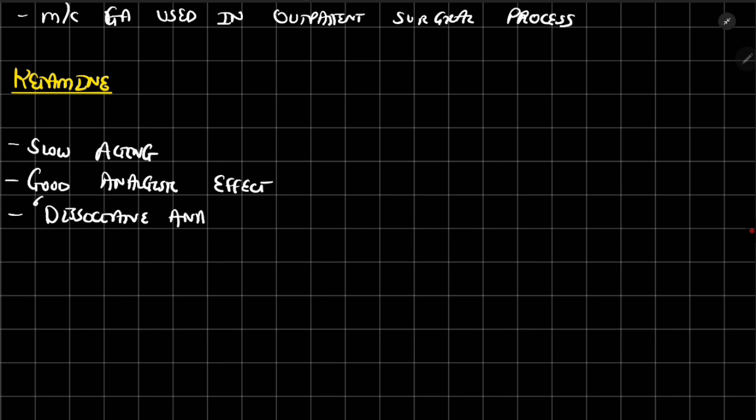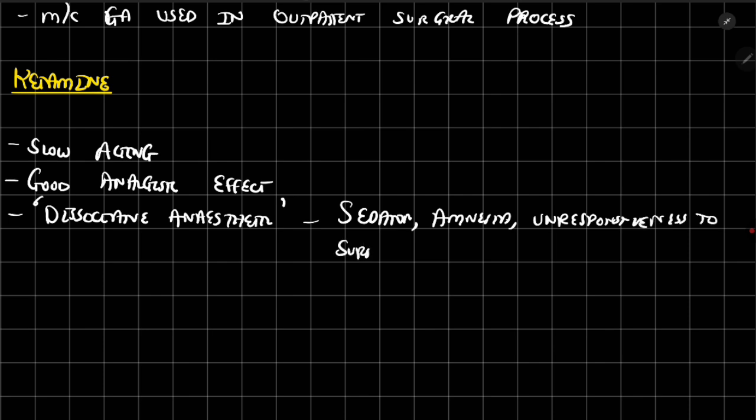Dissociative anesthetic. Okay, because it is causing effects like sedation, amnesia, unresponsiveness to surrounding, rigidity in muscle.